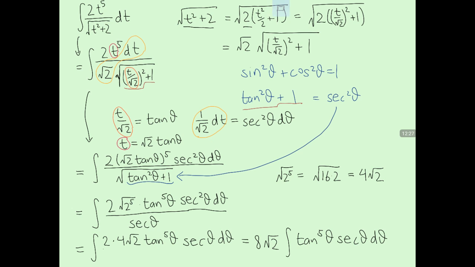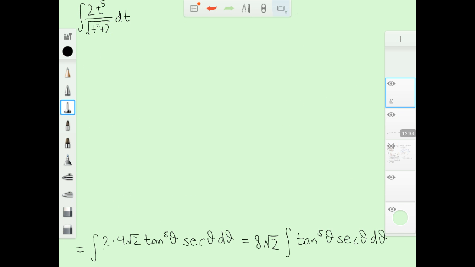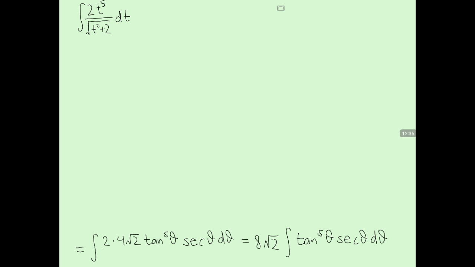Now we're going to go on to a new page, and we'll hide this one and keep our original one. We know that this integral is equal to what we've kept here at the bottom: 8 root 2 tan to the 5th theta secant theta d theta. Now notice how tangent theta is to an odd power.